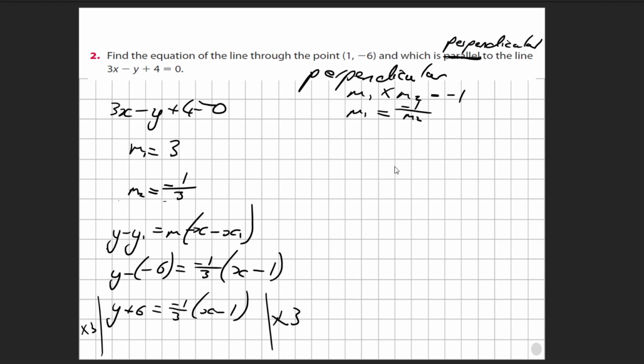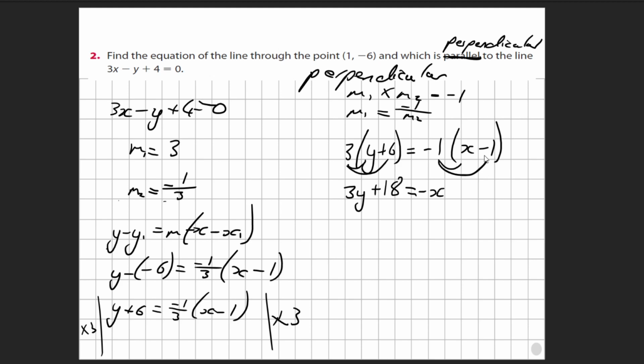I don't want fractions, I want whole numbers. So I'm going to get 3 times y plus 6 equals minus 1 times x minus 1. So 3 times y is 3y, 3 times 6 is 18, equals minus x, and negative 1 times negative 1 is plus 1.